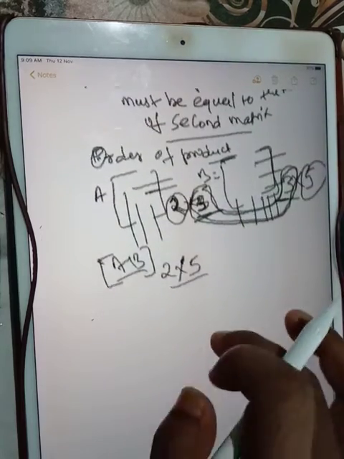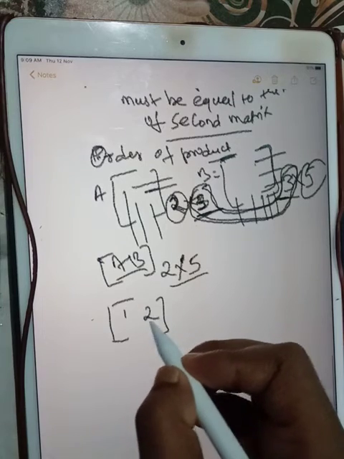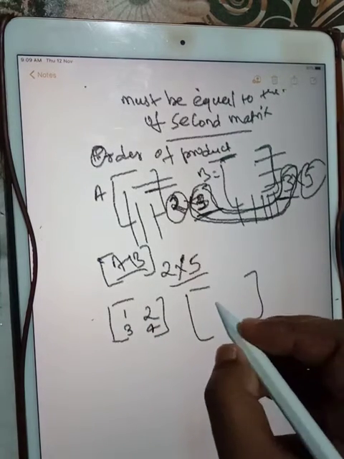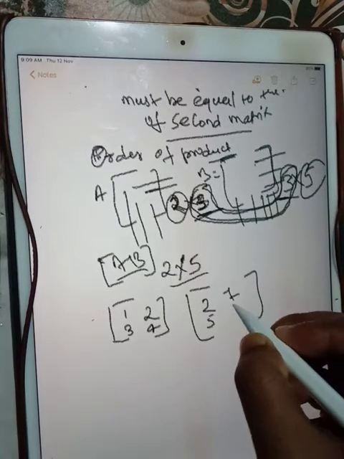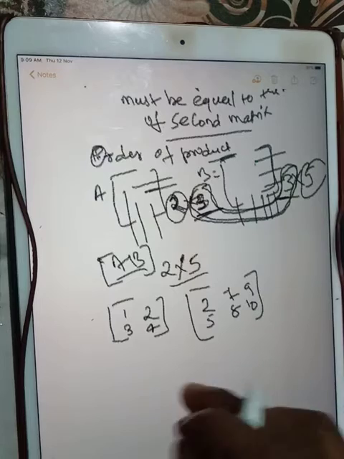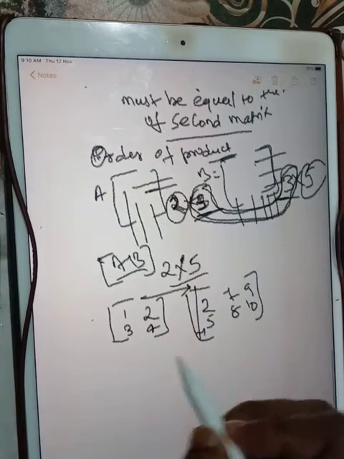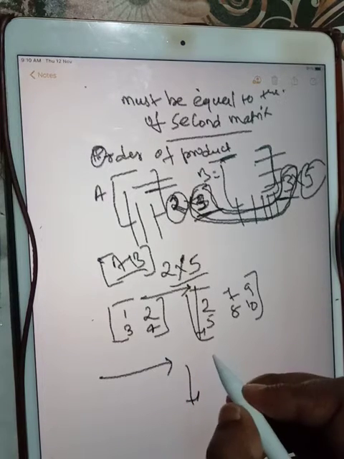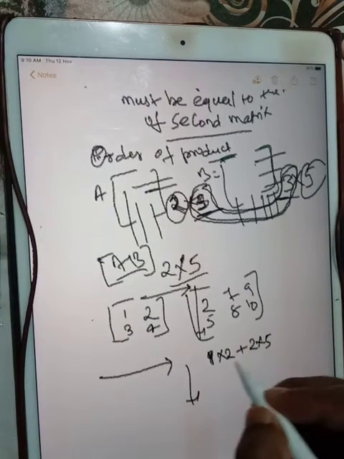Okay, so let's take an example of matrix multiplication. If you are given 1 2 3 4, and another one is 2 5 7 8 9 10, like that. Then how do we multiply the matrices? Go in this way and go in this way: first this way and then this way, and add. That is, 1 into 2 plus 2 into 5.